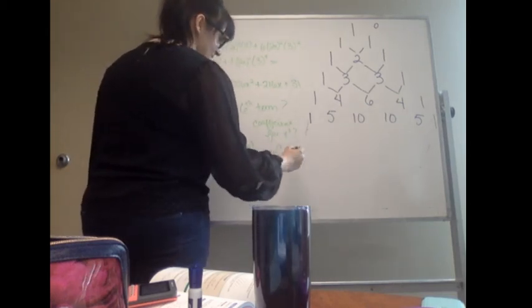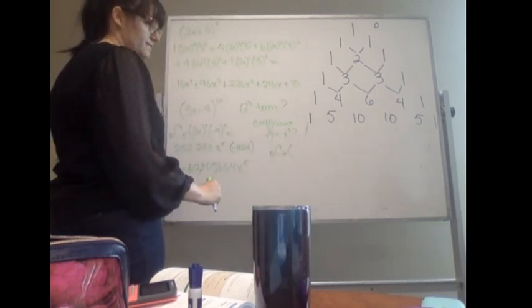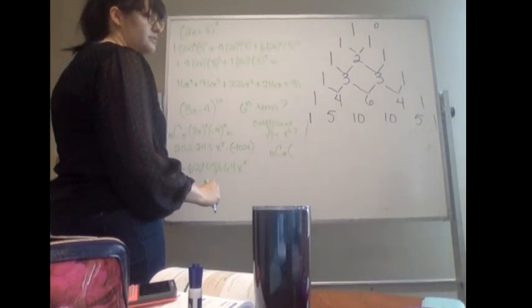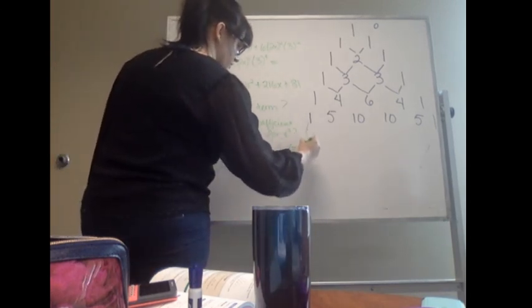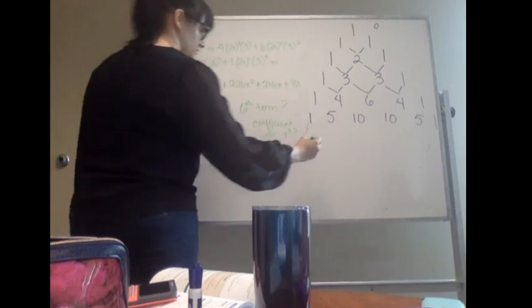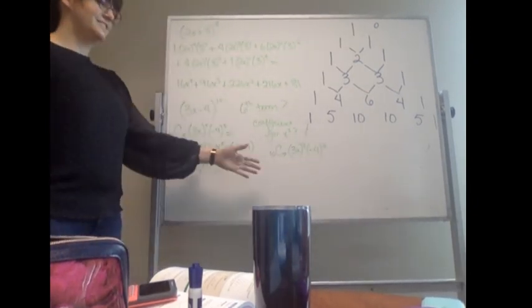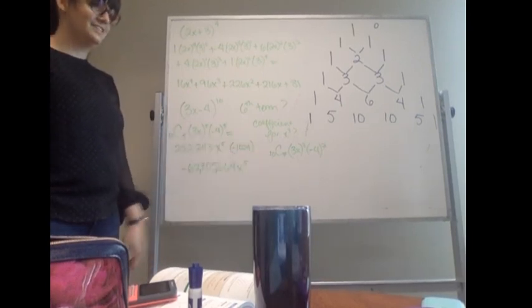And that would be the coefficient. And then it would be times 3x to the 3rd. Good. And then negative 4 to the 7. Yes. That's it. And then you just multiply that. Just type it into your calculator. You got it! Yay!